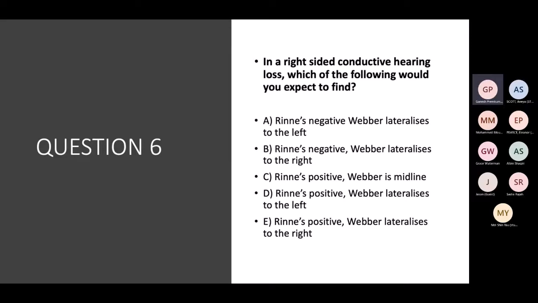Then Weber's is going to lateralize to that ear, because if you have conductive hearing loss, you're not getting the background distraction via the ear canal. It's all coming via bone conduction. So it will be perceived as louder in that ear. So it's going to be Rinne's negative, and Weber will lateralize to the right, because that's the right-sided conductive hearing loss.